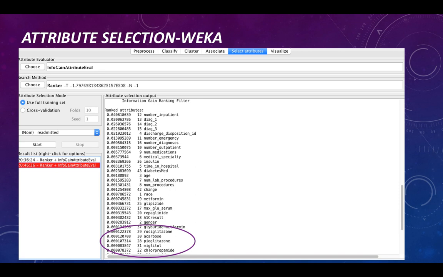Based on the ranking, I initially chose the first 25 attributes, and I ignored the other 20 attributes looking at the information gain they were providing. I ran my algorithms with the first 25 attributes and later with the first 15 attributes, and I did not find much difference. So I decided that the top 15 attributes are the most informative attributes.